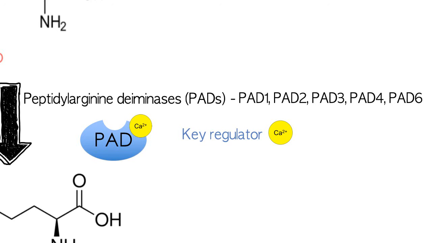Therefore, PADs are inactive. This suggests that citrullination occurs only under extreme conditions, such as during apoptosis or terminal differentiation of the epidermis. However, PADs are implicated in other cellular processes, such as gene regulation, which will be mentioned in a later section.